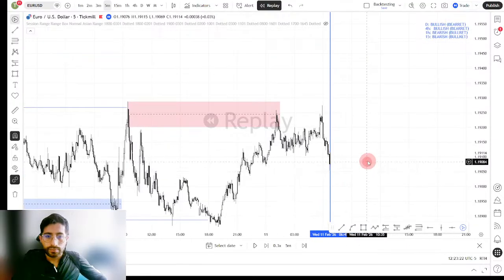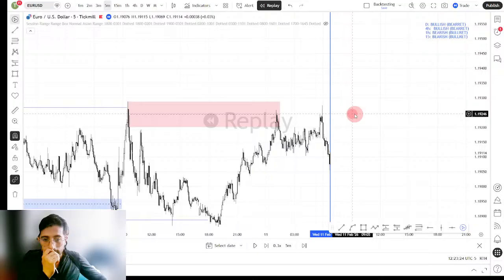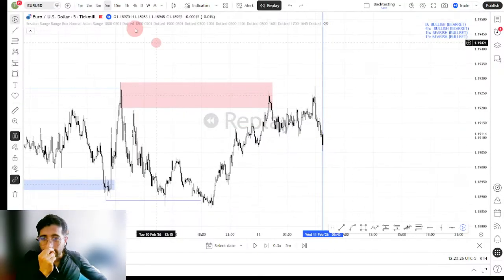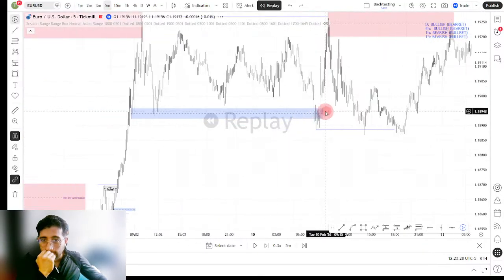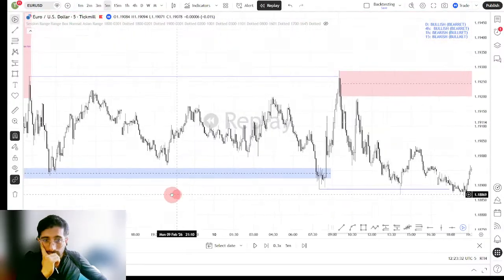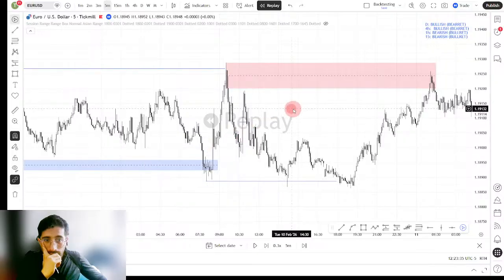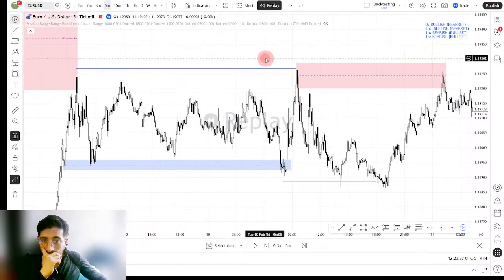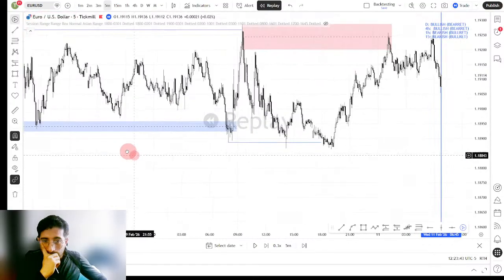Boom. There we are. All right, so this is the 5 minutes range. Body of the candle. Still bullish.